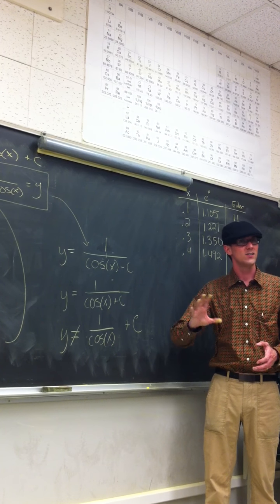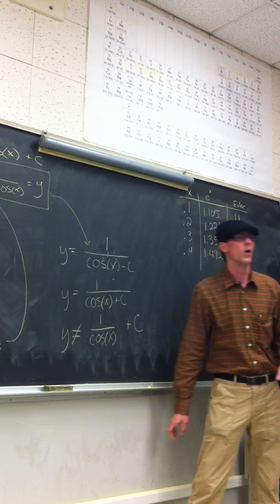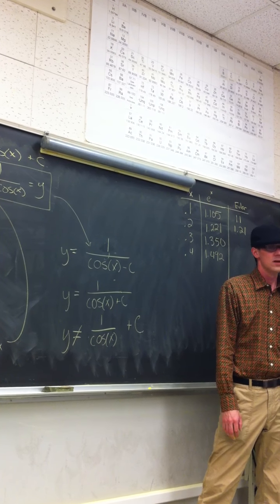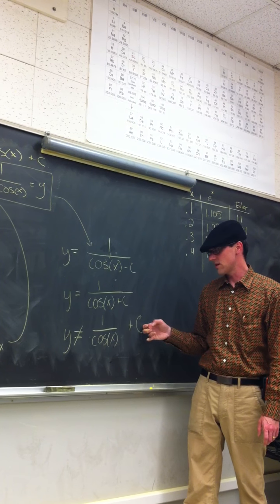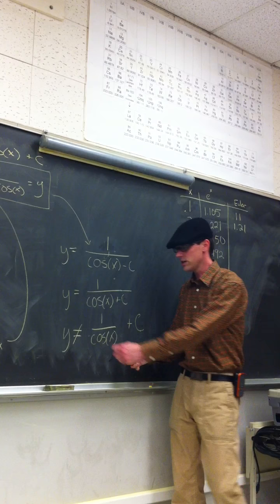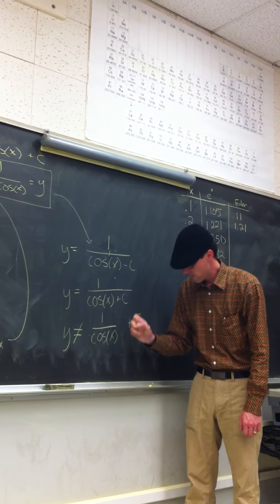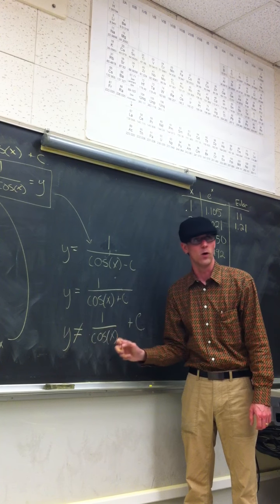And so as x changes, the plus C needs to give the appropriate y. If you take a C in this situation that was supposed to be in this situation, and you plug in your initial data, you will get a number that works for that x and y.